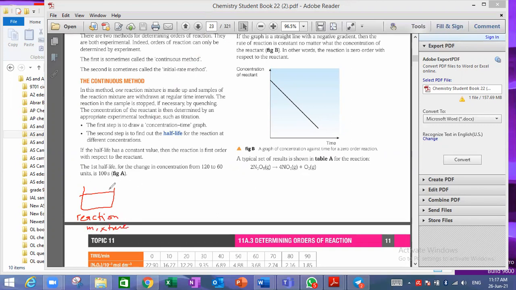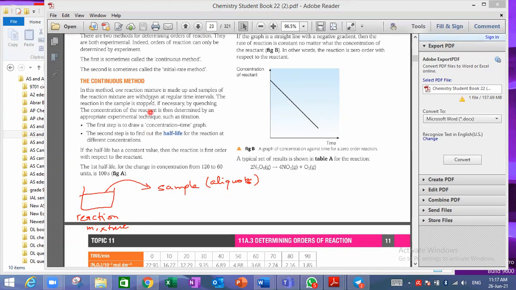And we are going to withdraw or take out samples or aliquots of this reaction mixture, and we are going to quench the sample or aliquot and find out the concentration of one of the reactants that we want to determine.